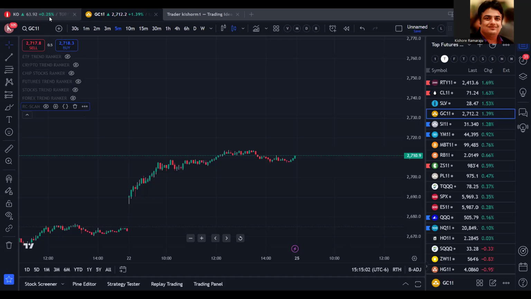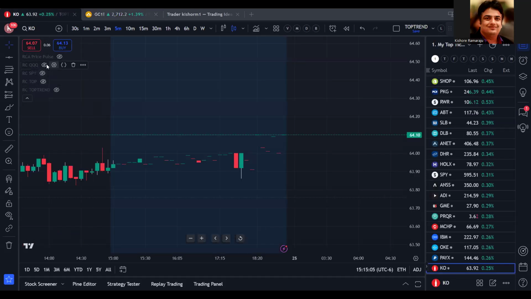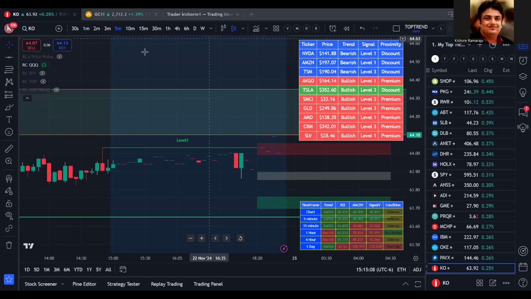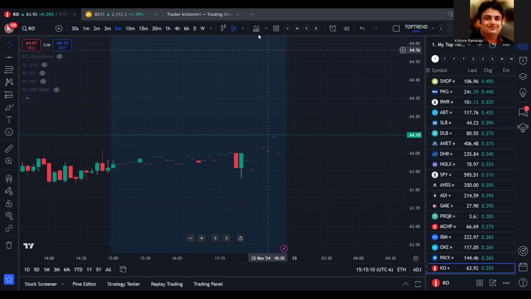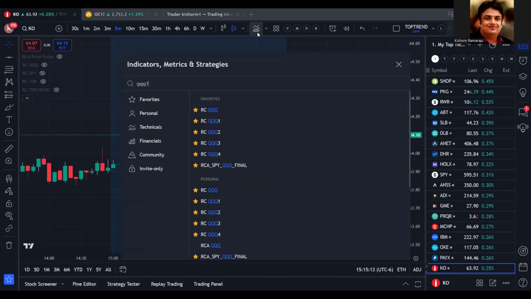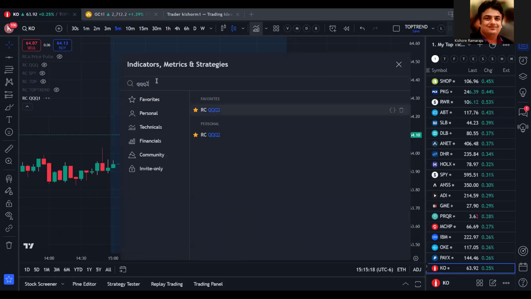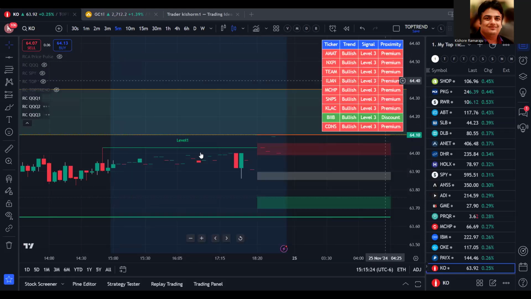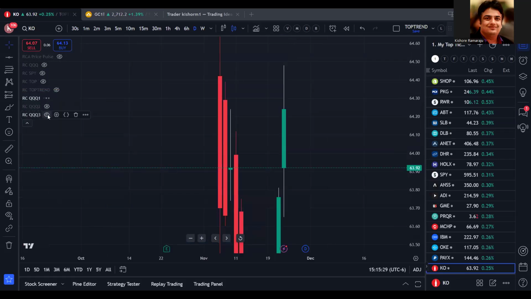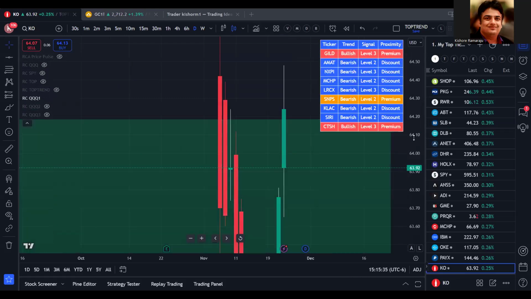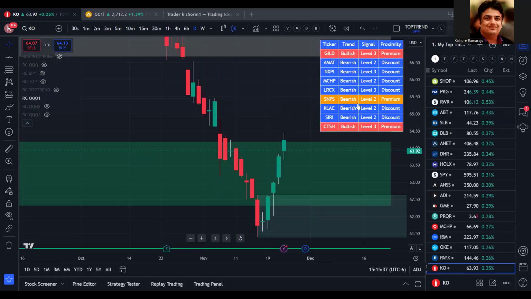This is one more way, right? One way is you look in the QQQ or SPY. So like this you have, for example, it is telling SNPS is bearish.